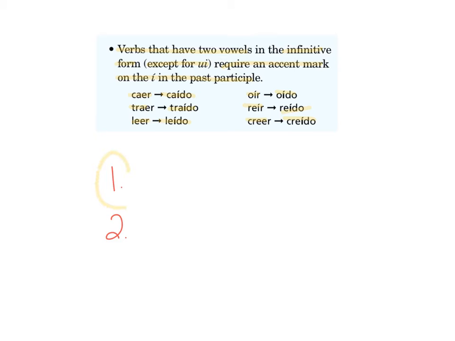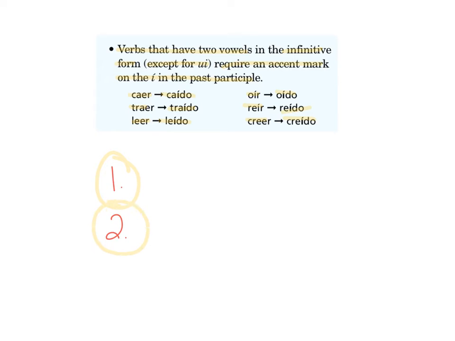Puedes practicar aquí con el verbo proveer. It's spelled P-R-O-V-E-E-R. So what would that look like when you apply the rule that I just told you about, where you need an accent mark on the E? You should have written down proveído with an accent on the I, proveído.